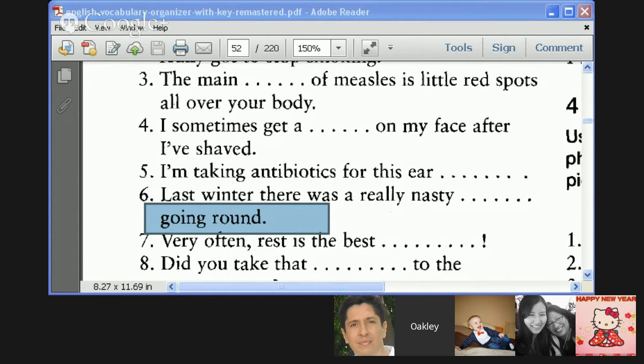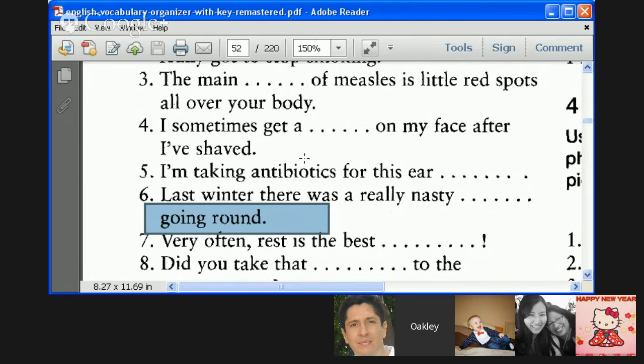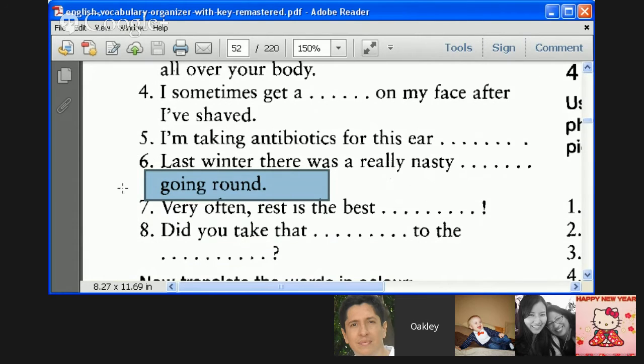Heck, no. The sniffles are when your nose is runny. Your nose doesn't stop. You have to keep blowing your nose over and over again. And if you can't, you make a sound because you can't stop your nose from running. You have the sniffles. Kids get the sniffles a lot.